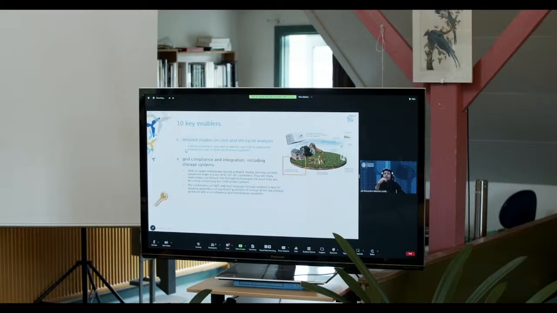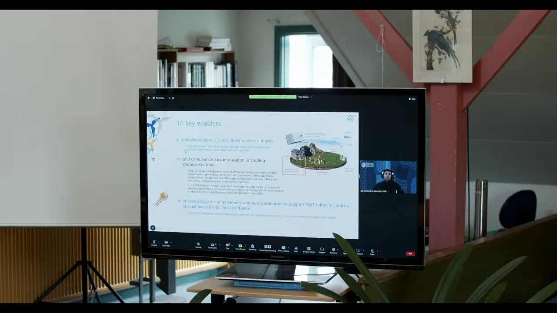So small wind turbines should probably become variable speed, make full use of AC-DC-AC converters, and they need to be coupled with fast response storage systems to allow for power quality and grid stabilization capacity.